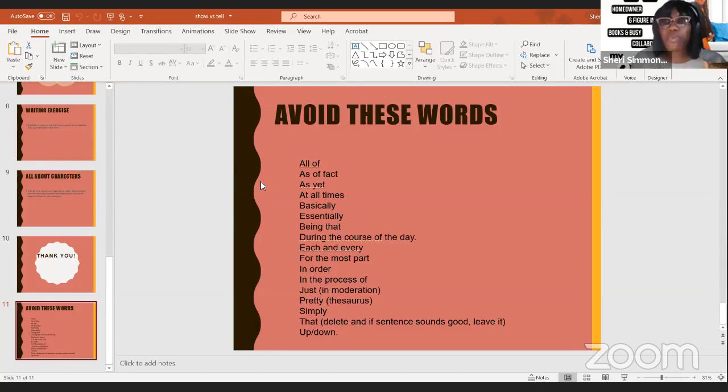Pretty, please use the thesaurus and put in the word pretty, and you'll come up with tons of words to replace it. Simply. The word that, if you can delete it from your sentence and the sentence sounds good, then leave it out. Up and down. So those are pretty much a list of words that you can avoid. Some of them you can simply look up in the thesaurus to replace, and some of them you can delete, and if your sentence sounds good, leave the word out.